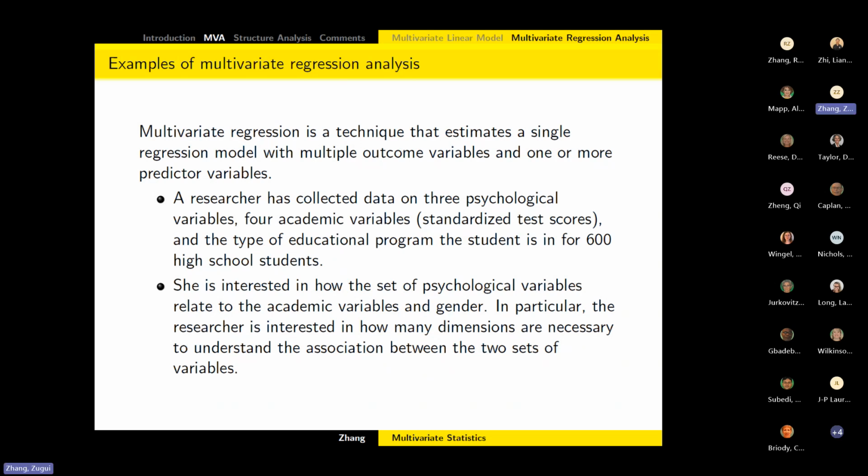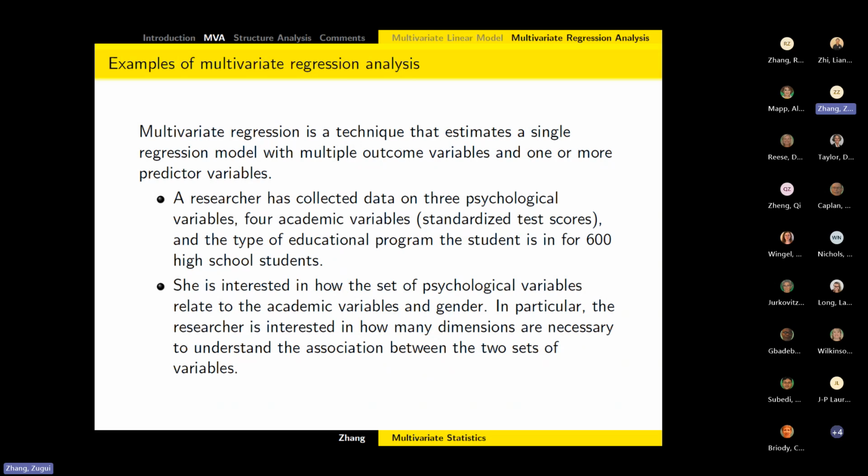Multivariate regression is a technique that estimates a single regression model with multiple outcome variables and one or more predictor variables. We can collect data on 3 psychological variables and, for example, 4 academic variables, or a quality of life measure. The psychological variables include mental health and others.